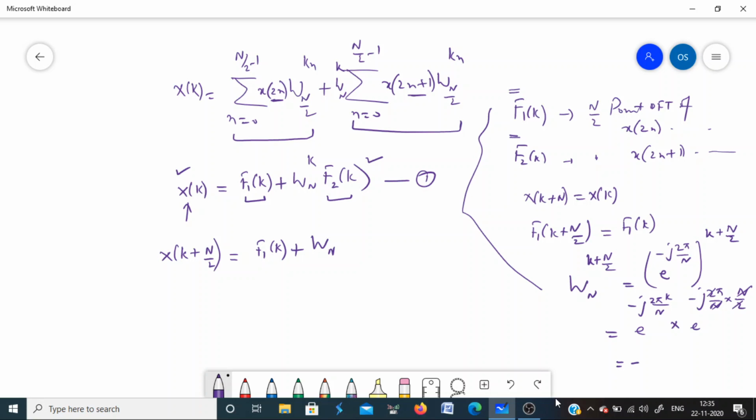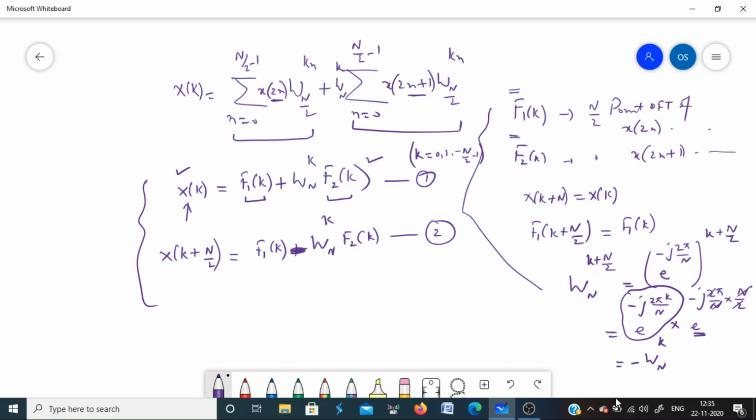So it will become minus W_N to the power k, because this factor is W_N to the power k, and from e raised to power minus j pi you will get minus 1. So in place of this plus, you will get a minus sign: minus W_N to the power k into F2 of k plus N by 2, but that is again equal to F2 of k. Okay, so this is for k equal to 0 up to N by 2 minus 1.